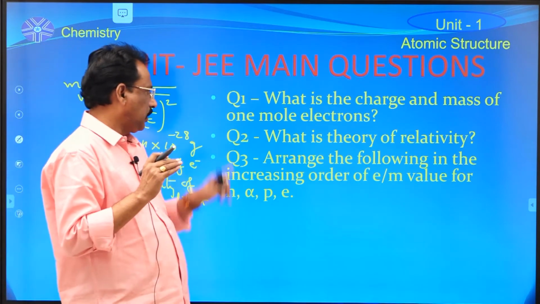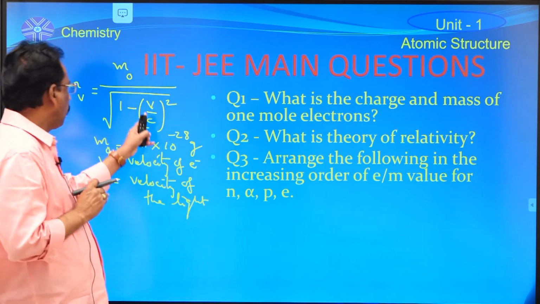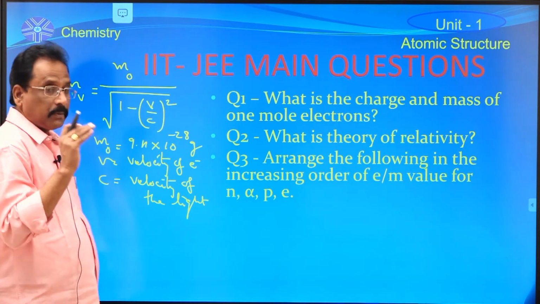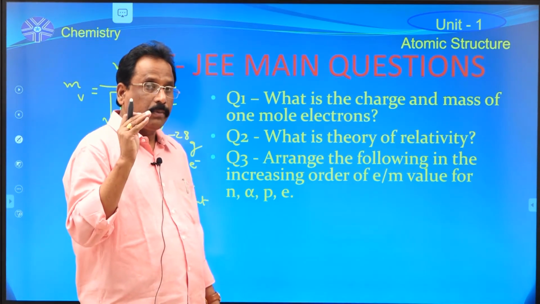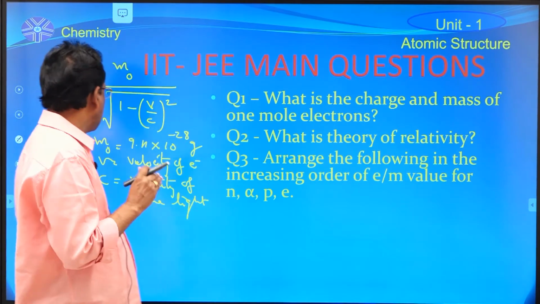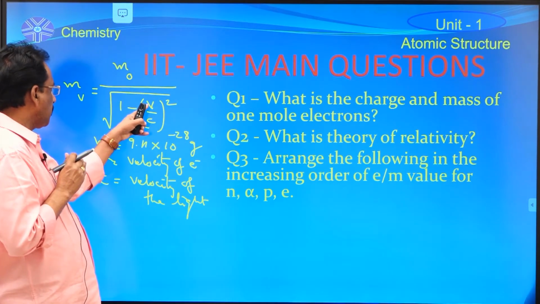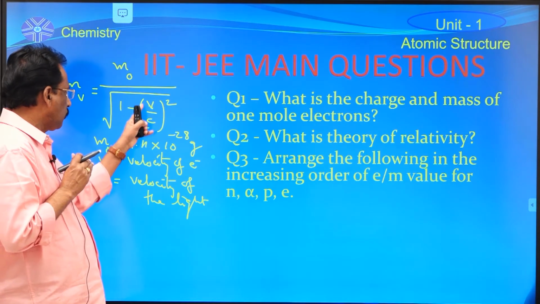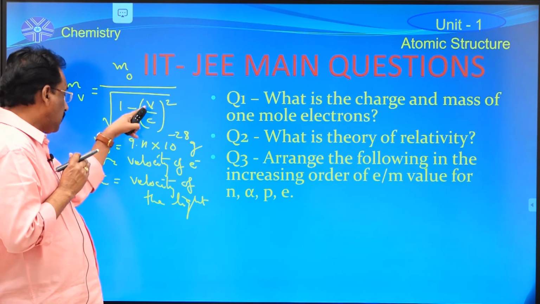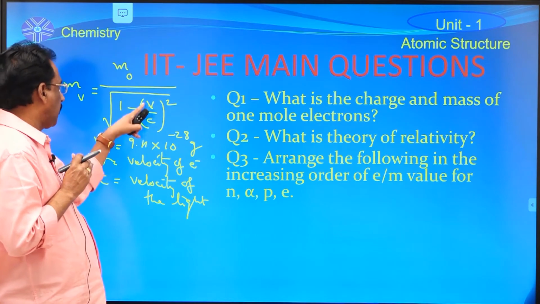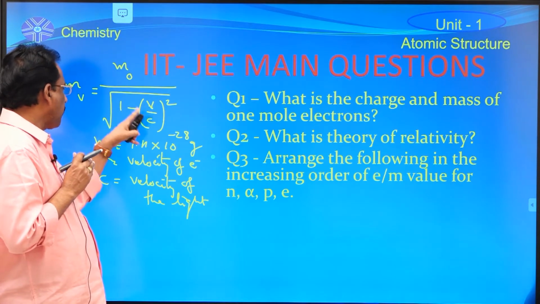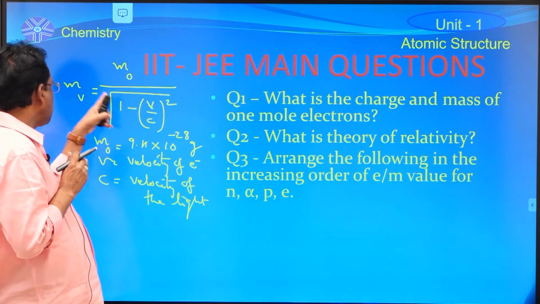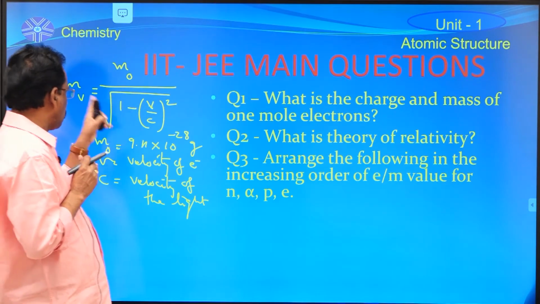So according to theory of relativity, when the velocity of the electron increases, the specific charge of the electron will decrease, because when this value increases, 1 minus v by c whole square value decreases. When velocity increases, 1 minus v by c whole square value decreases, and these are inversely proportional to each other.